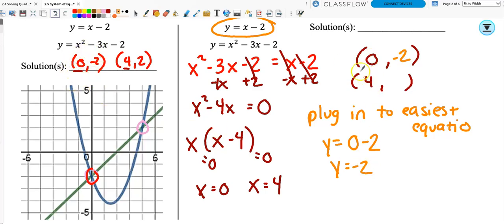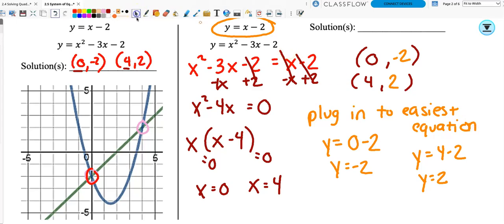Same thing, I'm going to plug in 4 to my easiest equation. So I would have y equals 4 minus 2. 4 minus 2 is 2. So my second ordered pair is (4, 2). So again, you could graph it and look at the intersection, which gives your two ordered pairs, or you can set them equal, get everything to one side, factor, and plug it into the easiest equation. I spelled equation wrong.